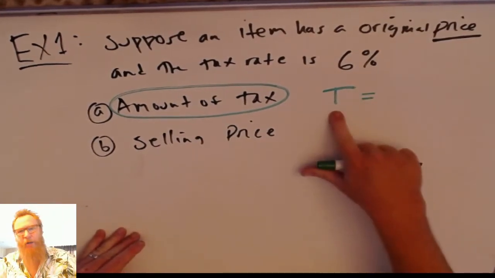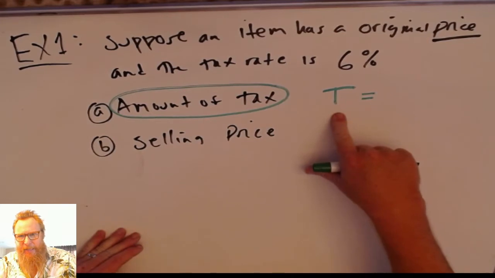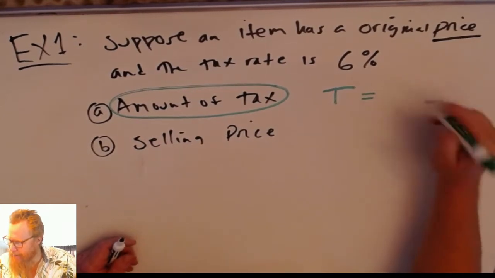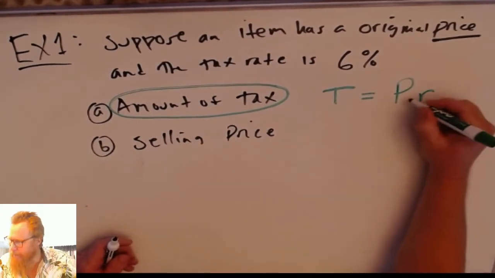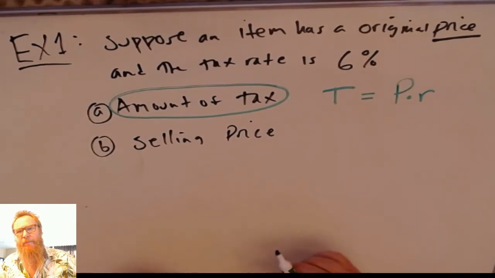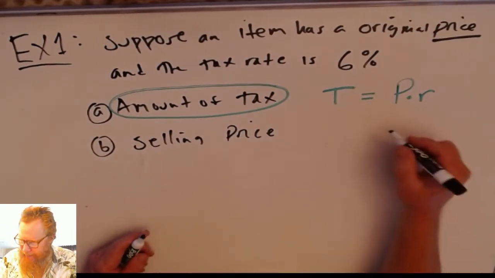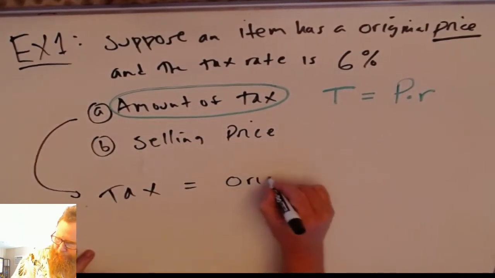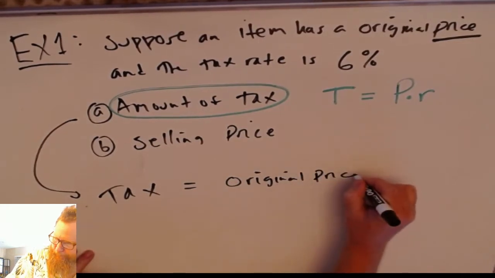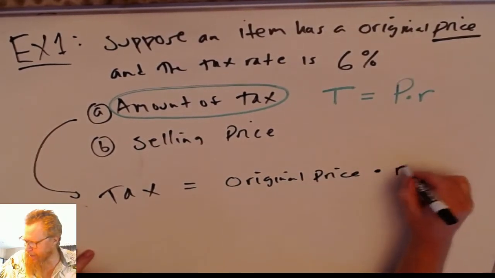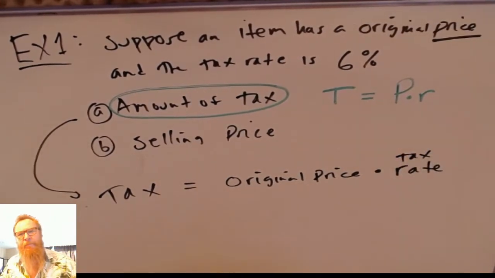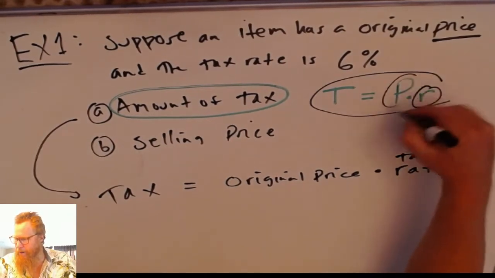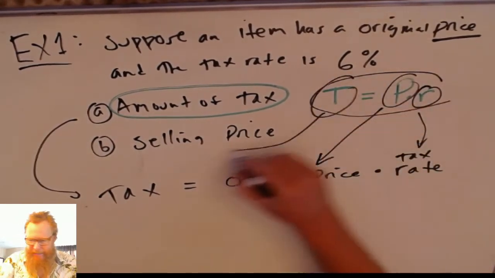I'm going to call it T. So tax is the tax rate times the price, P times R. Now P is the original price multiplied by the tax rate. So that's R, P, and T.